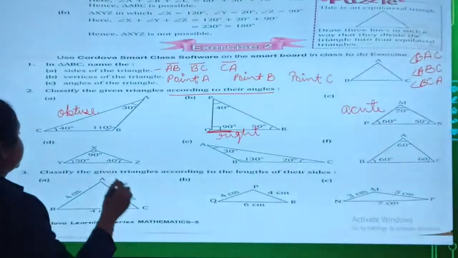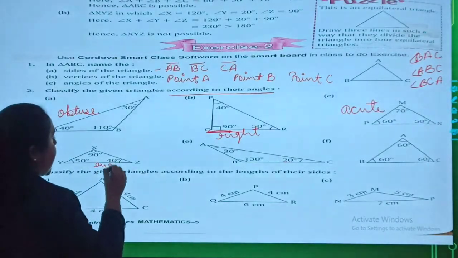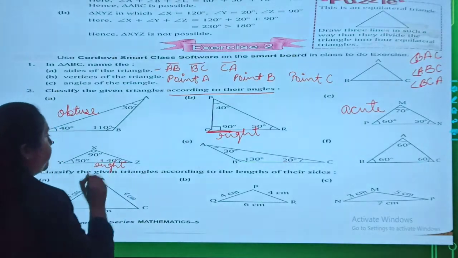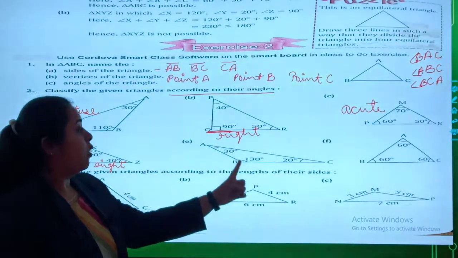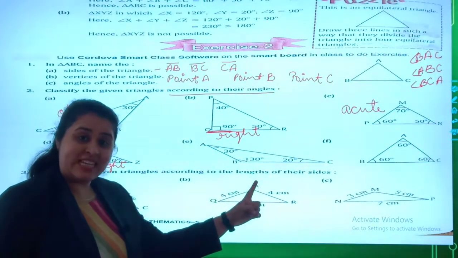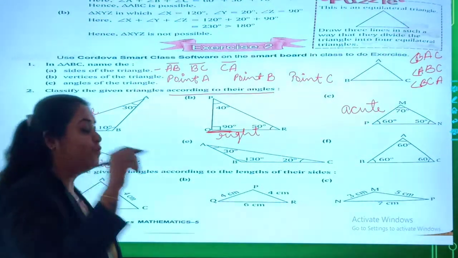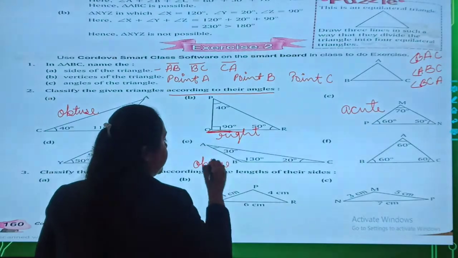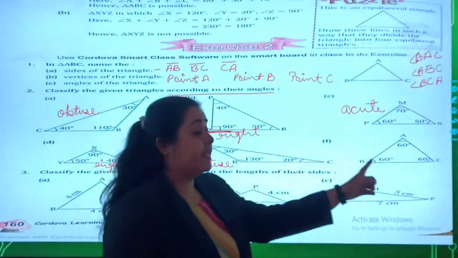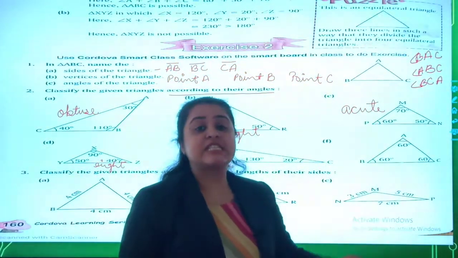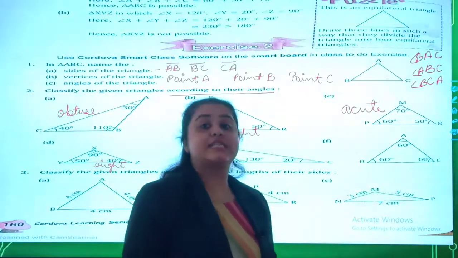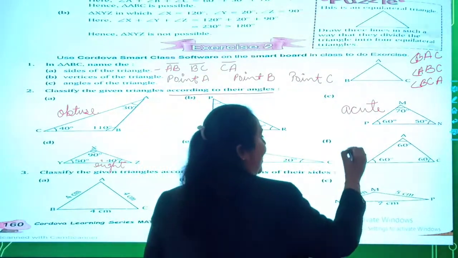Again 90, so it will be right angle triangle. In E, one is 130. So it will be obtuse angle triangle. In F, 60, 60, 60. They all are less than 90. So acute.